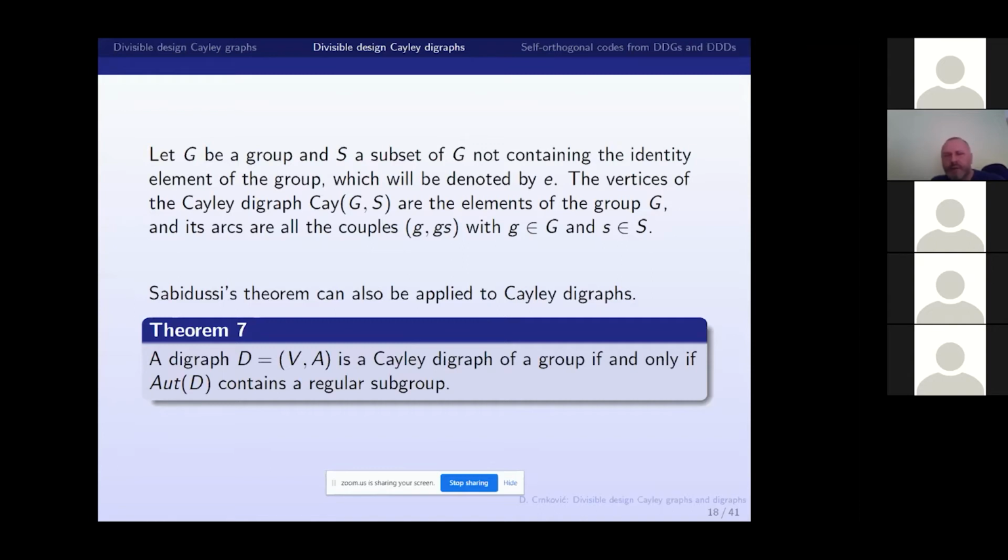And also we have a theorem which is similar to Sabidussi's theorem that I presented previously for graphs. So a digraph D is a Cayley digraph of a group if and only if the automorphism group of that digraph contains a regular subgroup. So again, we will look for regular subgroups of structures that we construct.